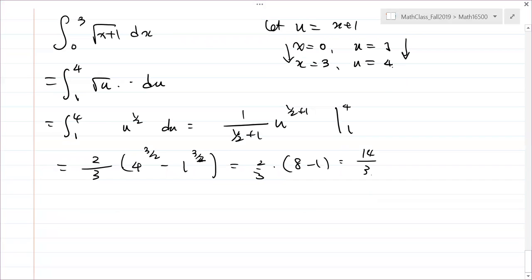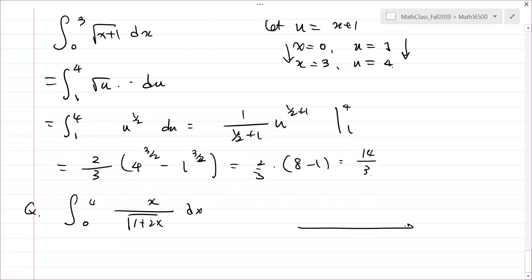All right, let's look at the next problem. The next problem is to evaluate the integral from 0 to 4.